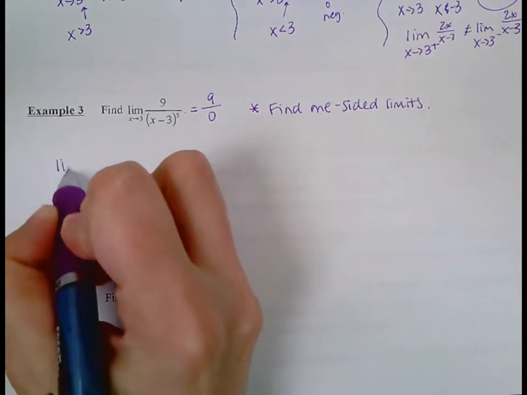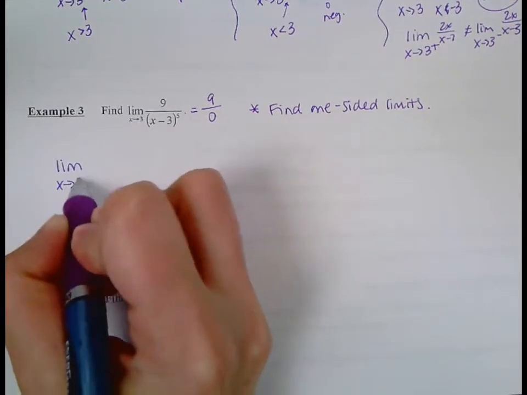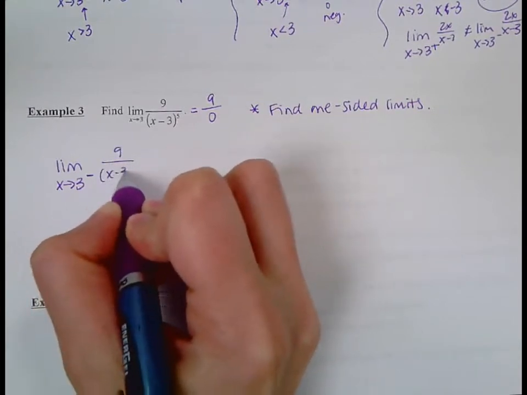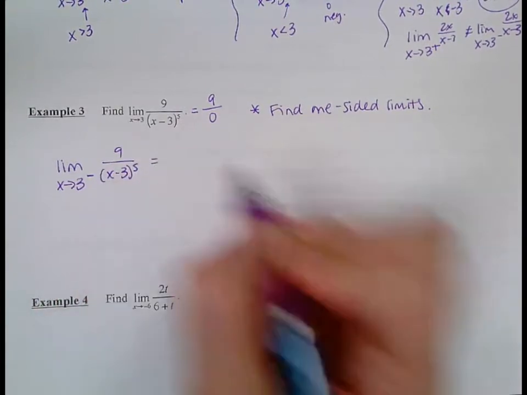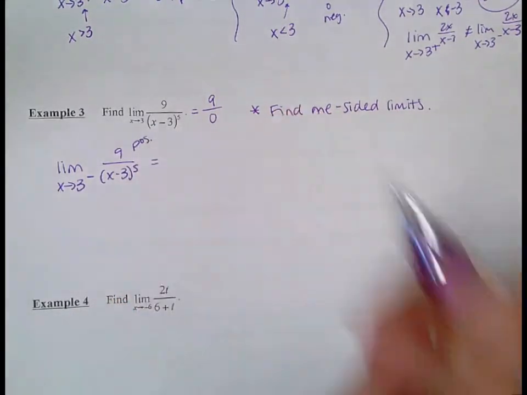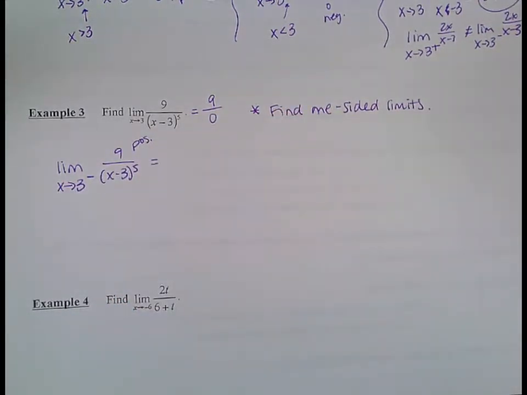So if I find the limit as x approaches 3 from the left, okay, I know it's 9 over 0. What I'm really looking for with the one-sided is the ratio. Is the ratio positive or is the ratio negative? So the 9, however I approach 9, that's positive. On either side of 9, it's still positive.